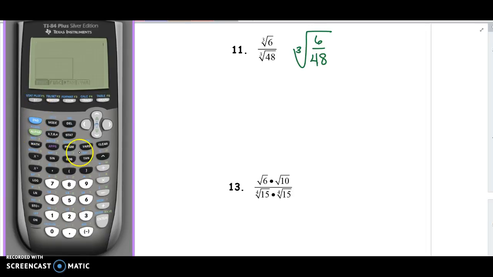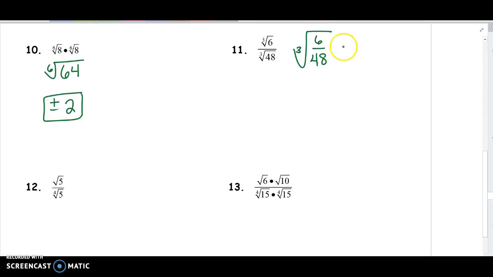Alpha y equals pops up these fraction things. And then you can do 6 over 48 and let your calculator simplify it for you. It is the fraction 1/8. Or on a scientific calculator, 6 ABC 48, hit enter, and it will simplify the fraction for you.